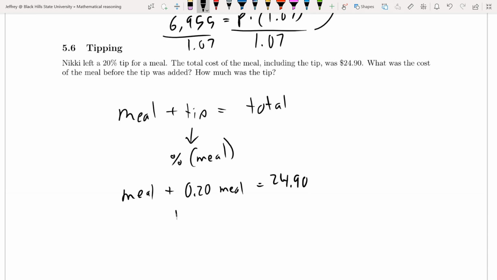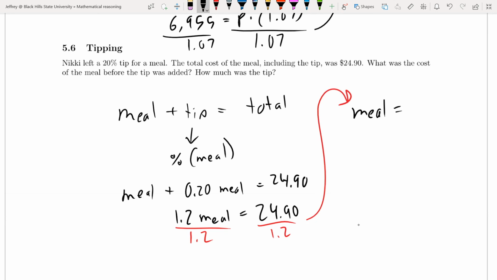Simplifying the left side, we have 1.20, because if we had one meal plus 0.2 of a meal, we have 1.2 meals, equals $24.90. And the last step, of course, is just dividing the 1.2 on both sides. And this gives us our meal of $20.75.